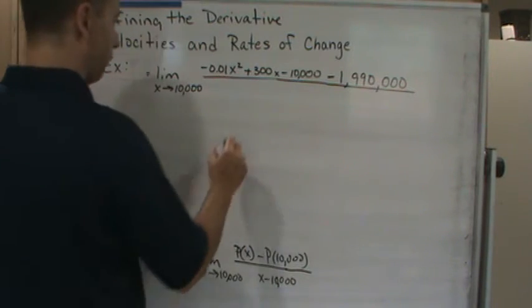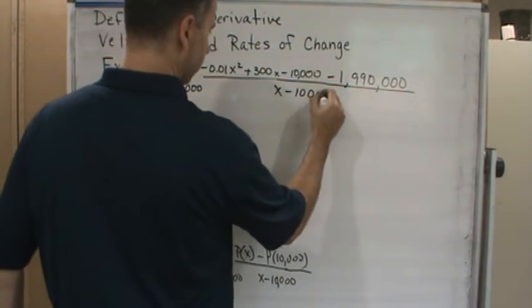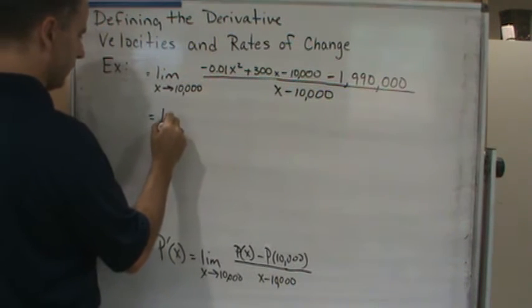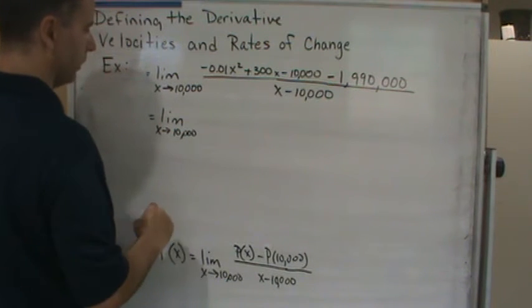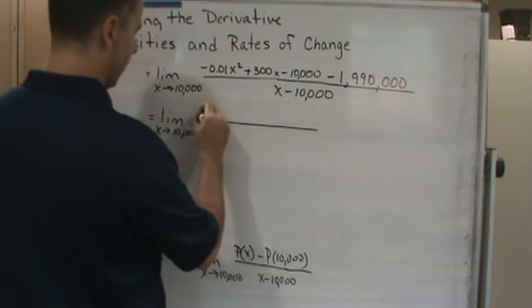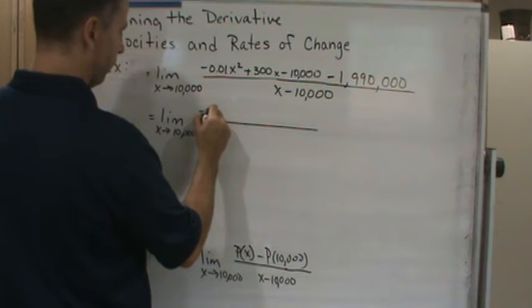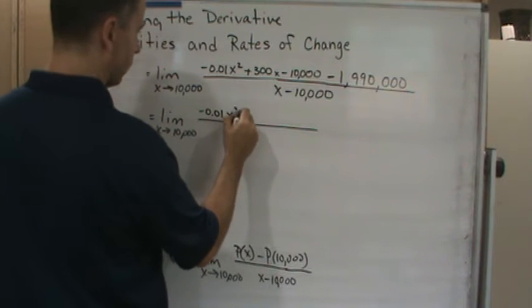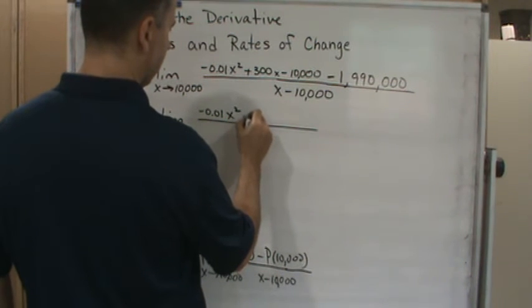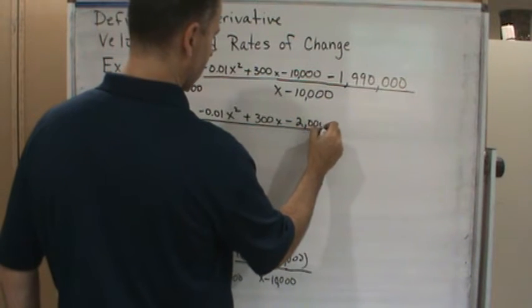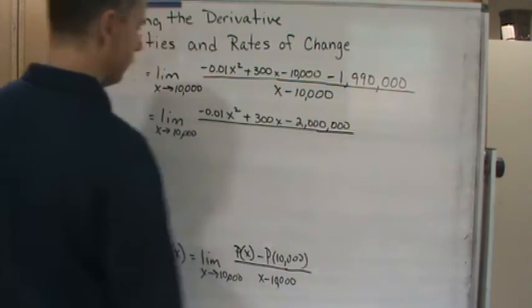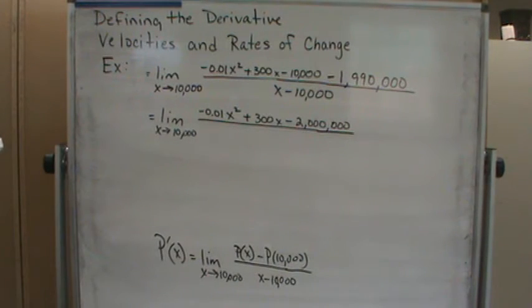And so what we end up with, oh, this is of course over x minus 10,000. And so then the limit as x approaches 10,000, now this is going to end up being negative 0.01x squared plus 300x minus 2 million.